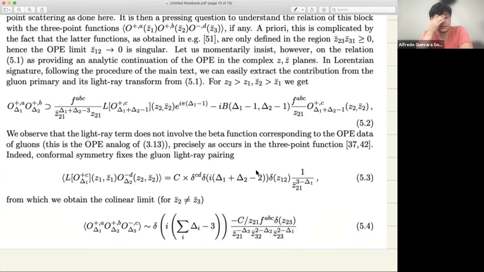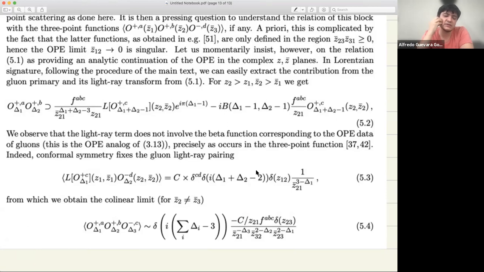Yes, that's true. So the first term is locally independent of the primary, but it's related by an integral transform. So it includes all the chiral descendants. So it really has more information than just the collinear limit, it seems.